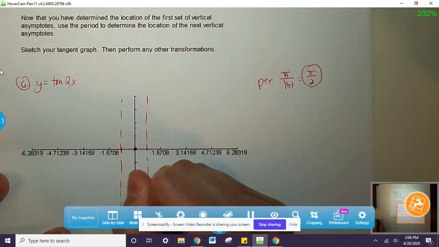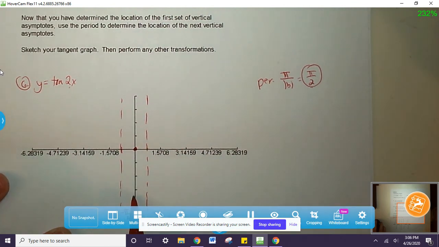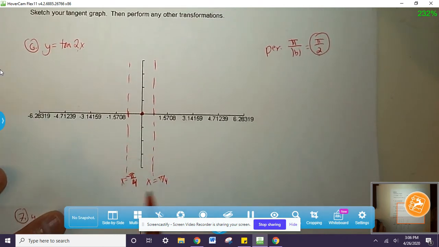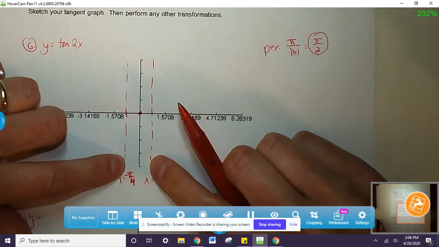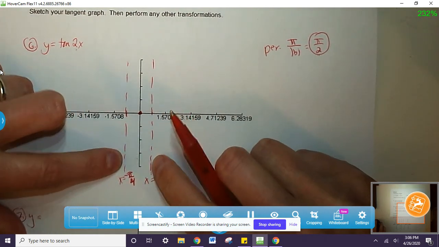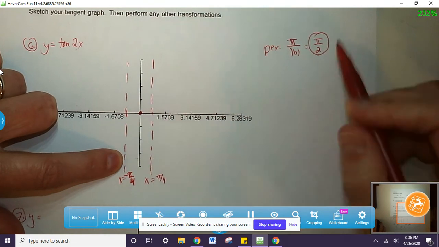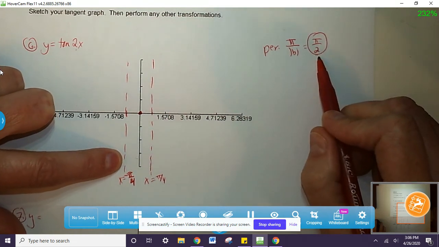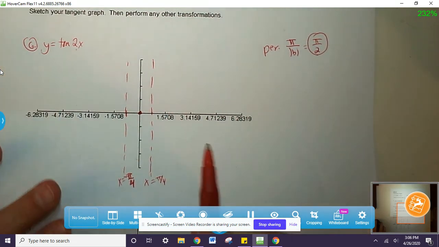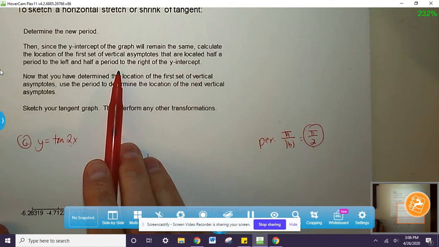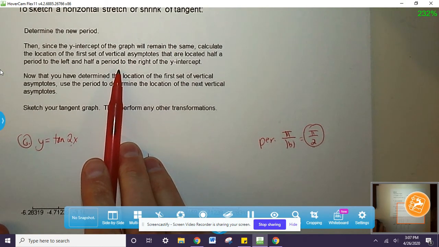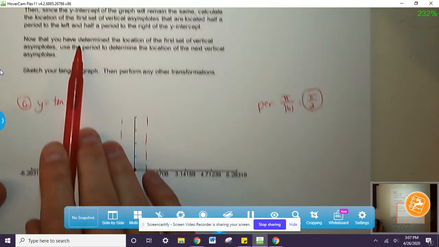And negative pi over 4 is the location of my first vertical asymptote to the left. And the distance between these, if it's pi over 4 to the right, pi over 4 to the left, that makes 2 pi over 4, which is pi over 2. That's one full period. So once I have my first set of asymptotes, half a period to the left and half a period to the right, we can find all the rest of the asymptotes.